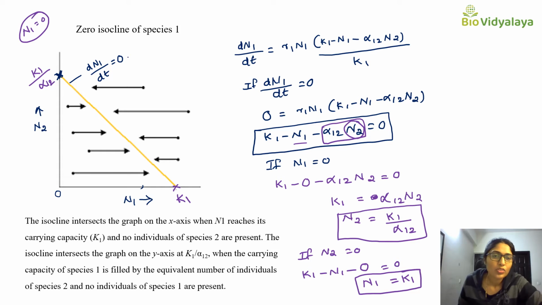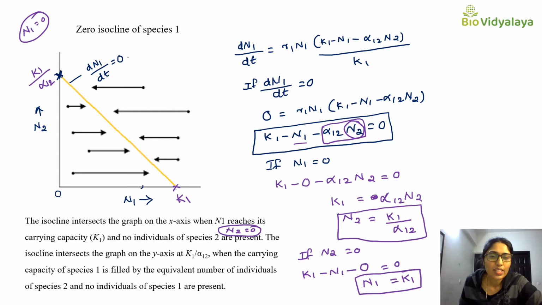The isocline intersects the x-axis when N1 reaches its carrying capacity K1 and no individuals of species 2 are present. That means N2 is equal to 0.